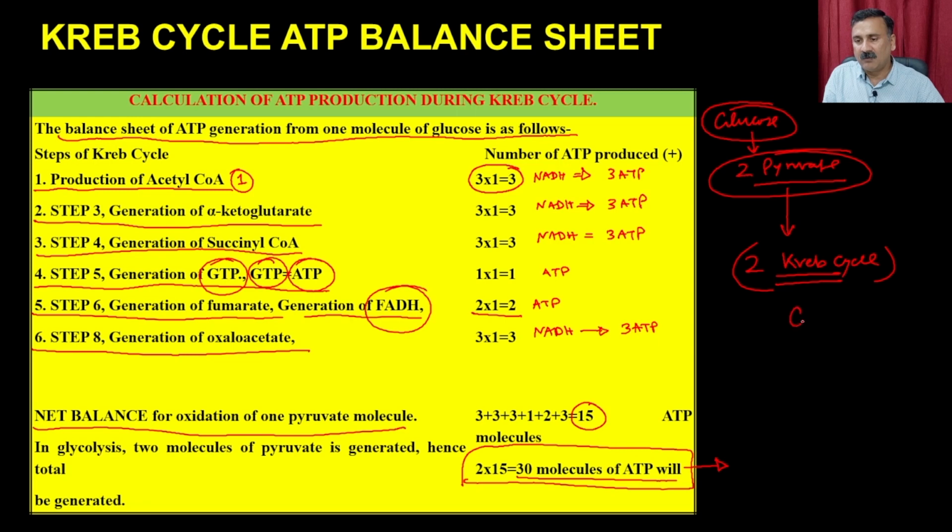This means from one molecule of glucose, you are going to have 8 ATP molecules from the glycolysis and 30 molecules of ATP from the Krebs cycle.